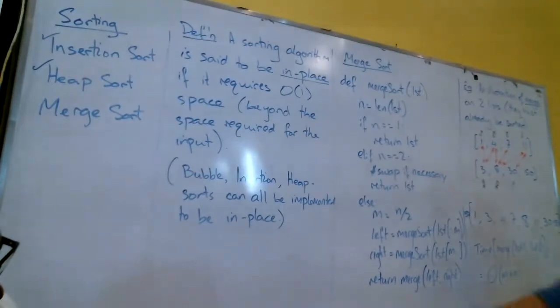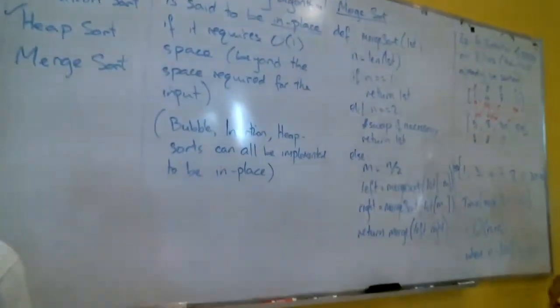Maybe I should call that N1 and N2. You understand that notation, right? Those two vertical bars mean the size or length of the array.